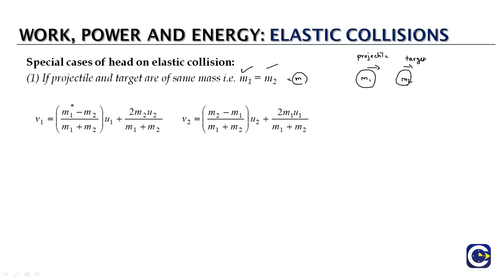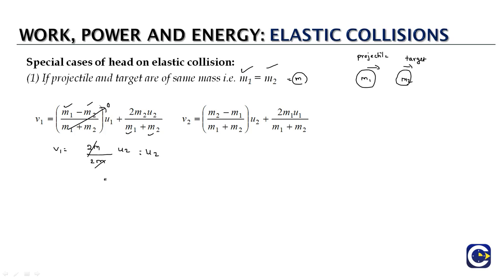Now in this formula, if m1 is equal to m2, the first term will become 0, so v1 value will be equal to, numerator we have 2m, denominator m1 plus m2, because both are the same mass, so denominator also 2m, into u2.